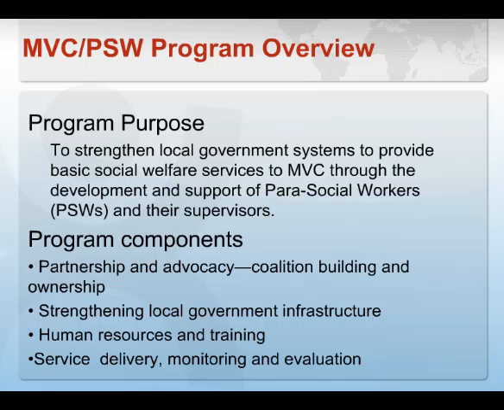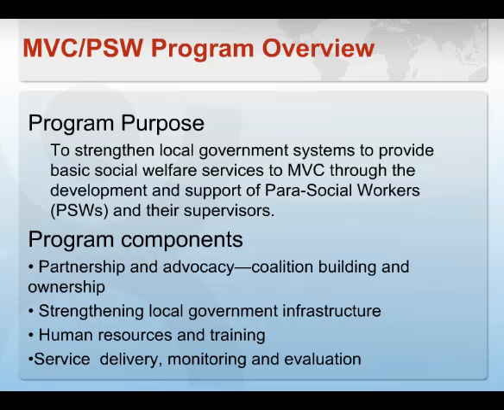So, going to how we link the parasocial worker program with the most vulnerable children program, the purpose of establishing the parasocial workers system is to strengthen local government systems to provide basic social welfare services to the most vulnerable children through the development and support of the parasocial workers and their supervisors.